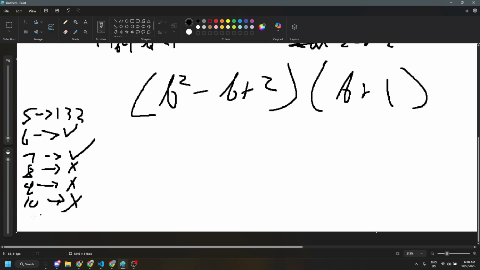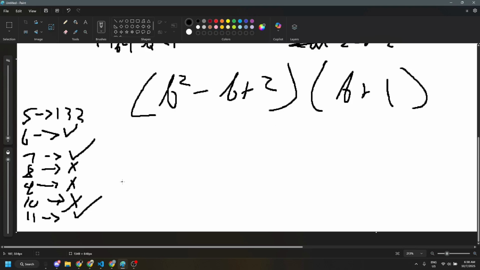So 10, 11, 121 minus 11, we get 112 times 11. 112, let's see, it's divisible by 4. Yeah, you get 28. Yeah, it's divisible by 8. Interesting.